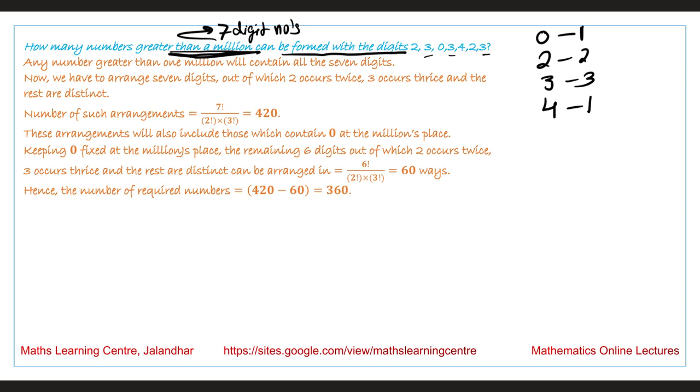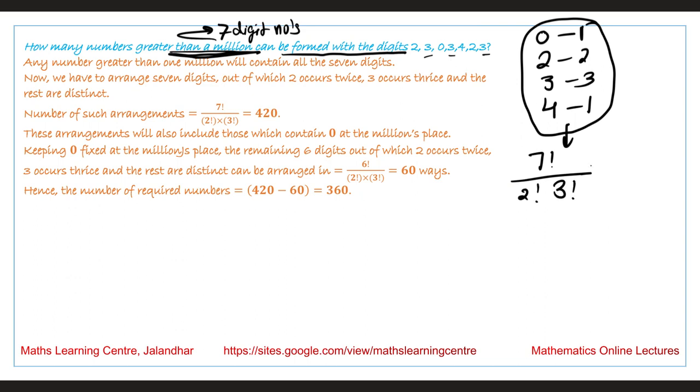Choosing 7 digits out of these, the answer is 7 factorial by 2 factorial into 3 factorial, which is equal to 420. So the number of arrangements we can make from these 7 digits is 420.